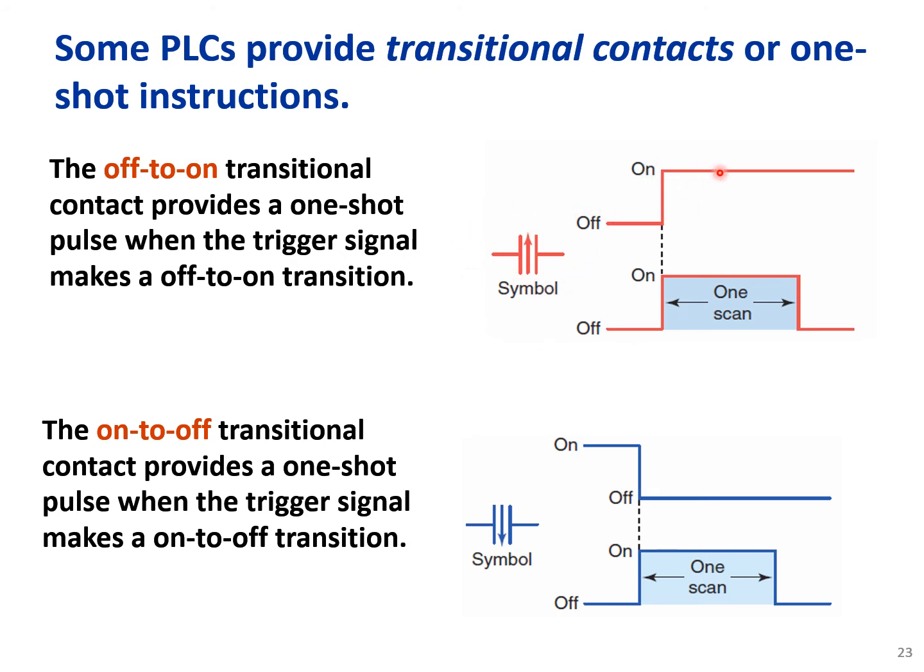When we press that button A in the previous slide, for one scan only, we will get a true output or status on the coil. And for the on-to-off, it's completely opposite. When that push button goes from on to off, for one scan only, we will get a true pulse at the output.